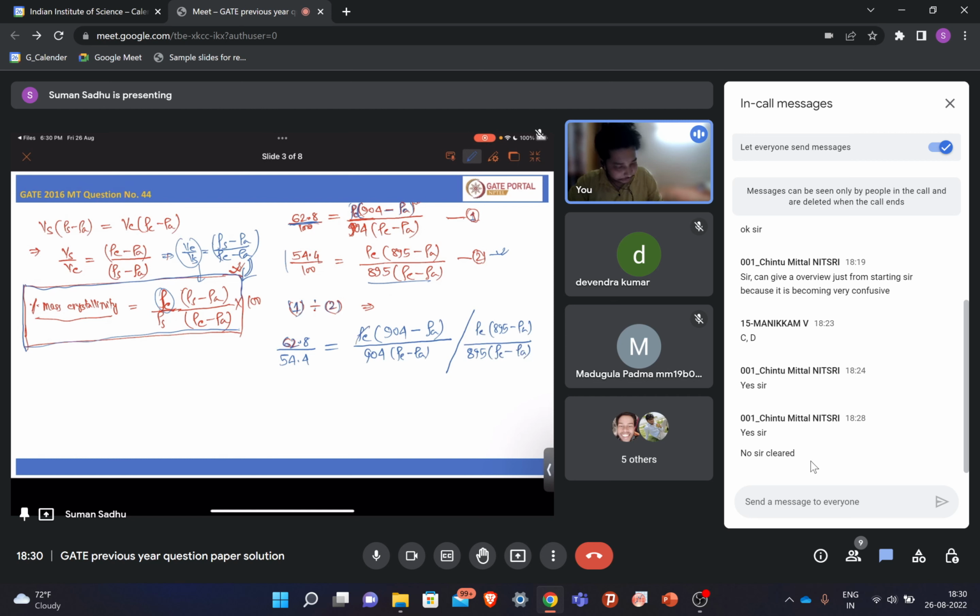So now rho c and rho c will cancel out, and this rho c minus rho a will also cancel out. So what we will have is (904 minus rho a) divided by (895 minus rho a), and this term 895 goes up, and on this side it is 62.8 by 54.4.